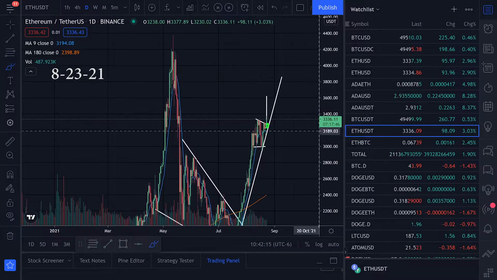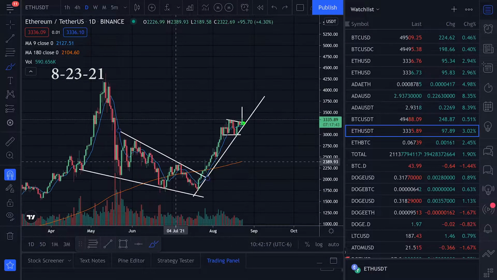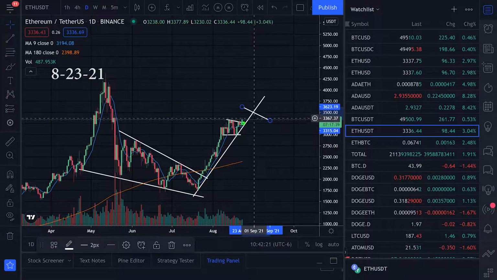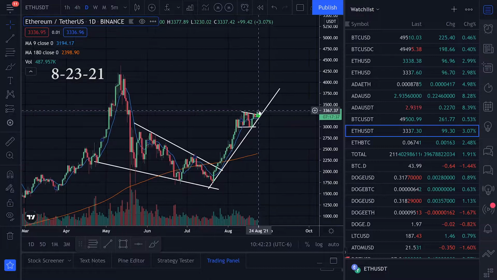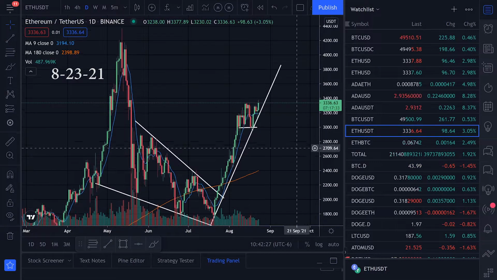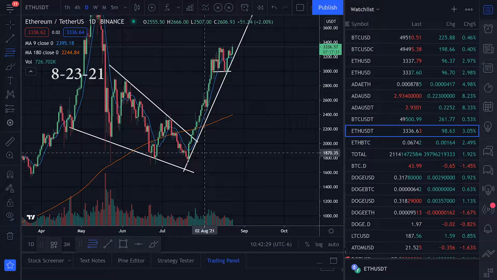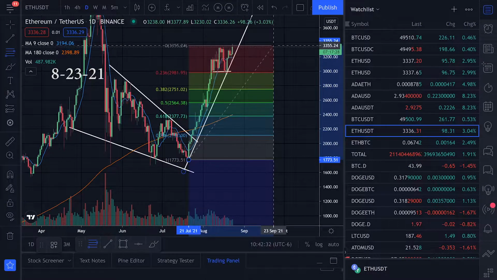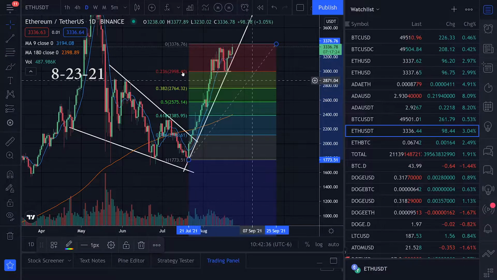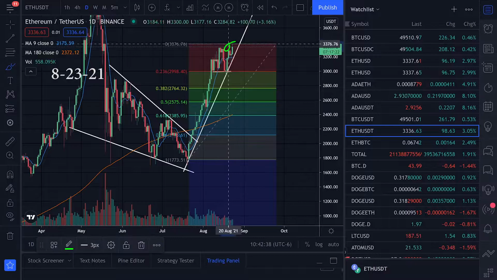The other thing I was going to do is Fibonacci retracement levels, and just play around with them. Let's say this was the top and we have a big run like that. We could drag from the bottom to the top. Let's say it did start to top out right here and start to head down.